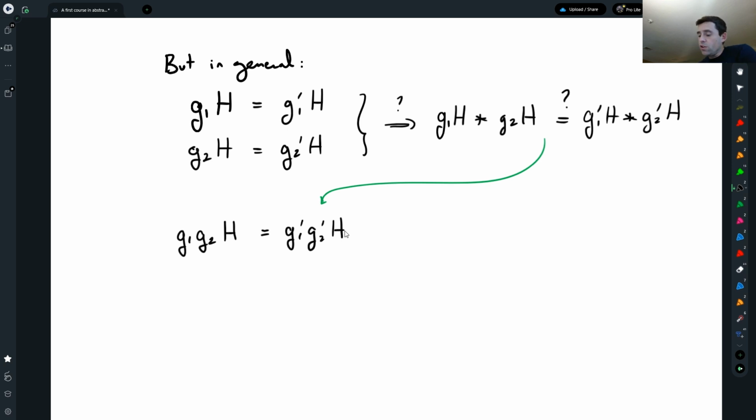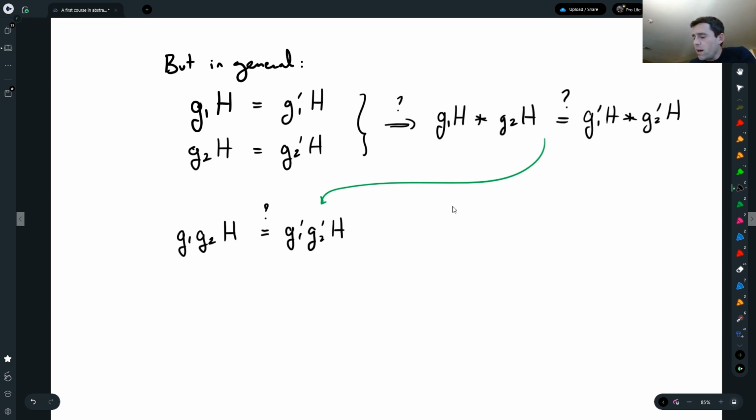Now, are these two things the same? Well, we do have that G1 prime. Because of this relationship here, I know something about G1 prime and about G2 prime. Well, G1 prime has to be in this coset.